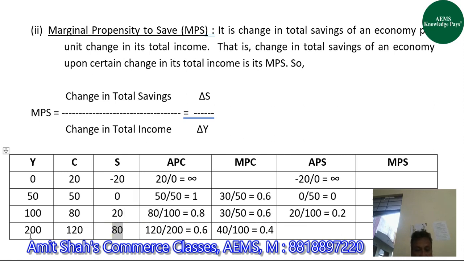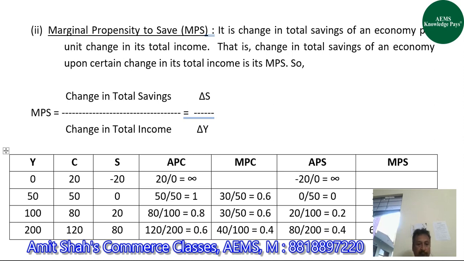APS is savings upon income, that is 80 divided by 200, means 0.4, and MPS is change in savings, that is 60 divided by change in income 100, that is 0.6. Is it clear, guys, all or not?